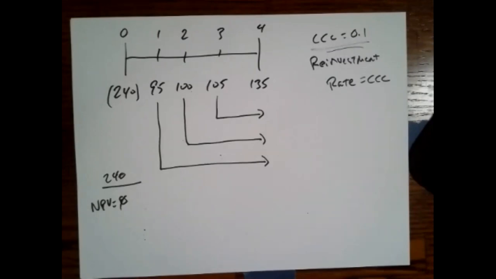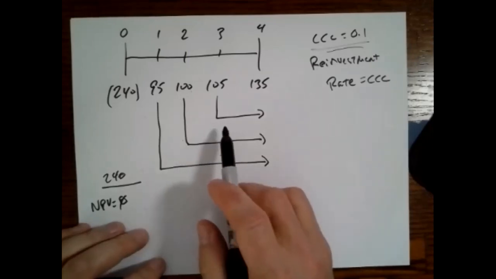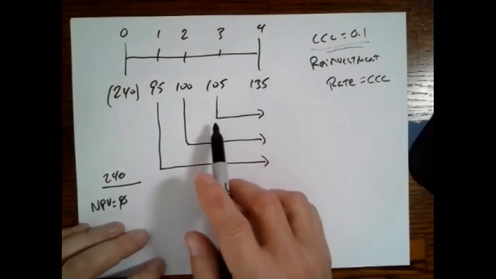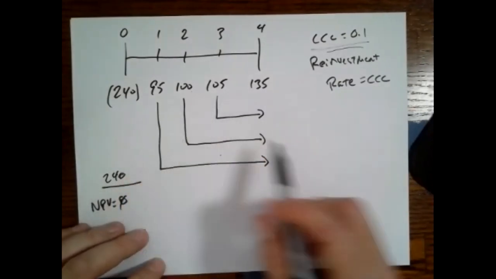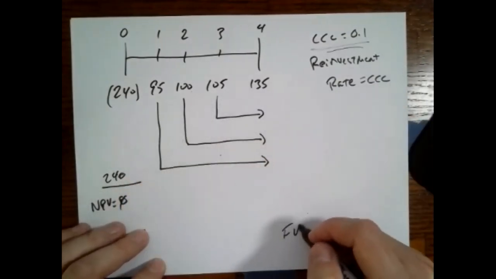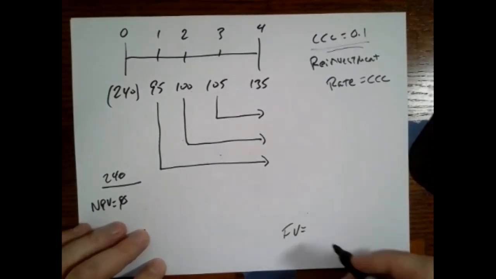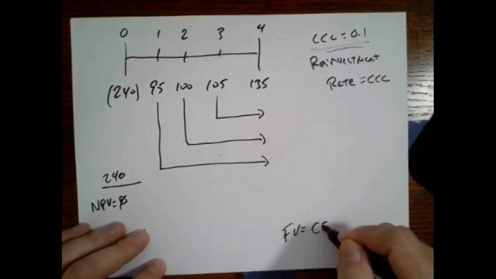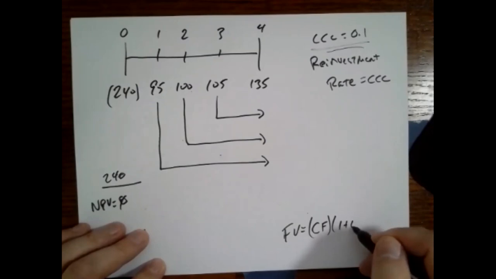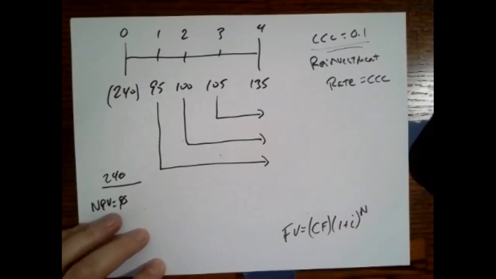You're not going to divide, because if you do 105 divided by 1.1, you're going to bring it backwards. So the future value of a cash flow is the cash flow times 1 plus the interest rate raised to the number of years you're bringing it into the future, right?